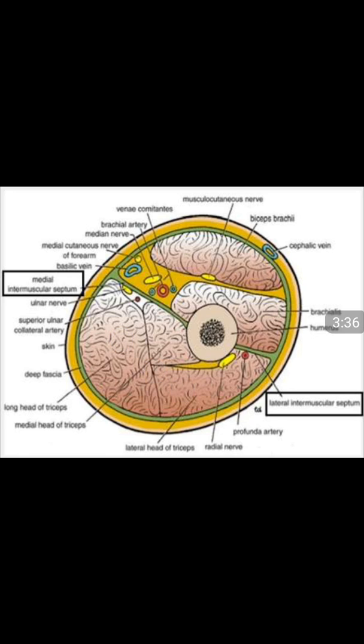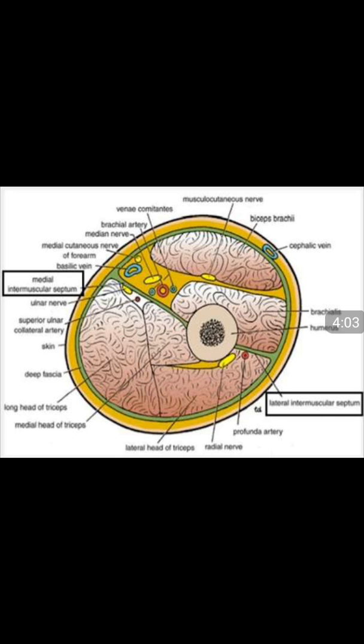In the anterior compartment of the arm, these muscles are biceps, brachialis and coracobrachialis, and these are all flexors, no matter at what joint they are producing flexion, for example elbow joint or shoulder joint.